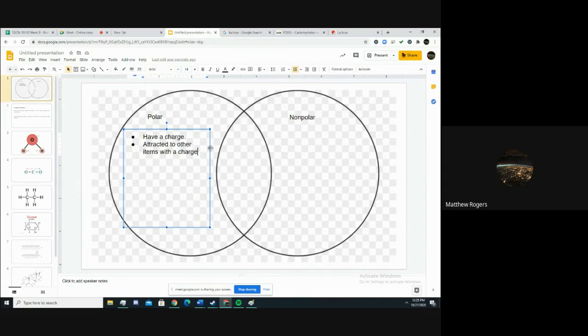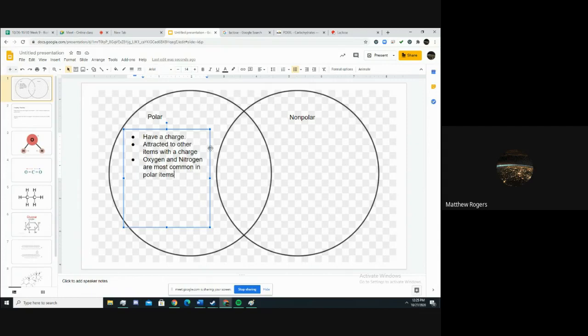So let's try something else here. Let's say oxygen and nitrogen are most common in polar items. So what I'm saying here is when you look at a molecule, and it has oxygen and nitrogen, there's a really good chance that it's polar.